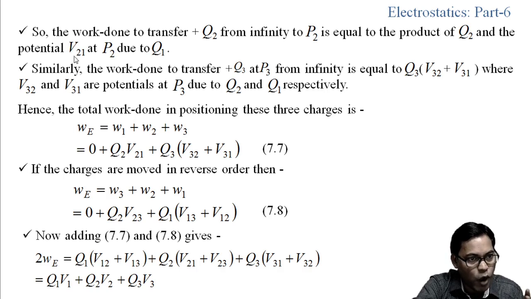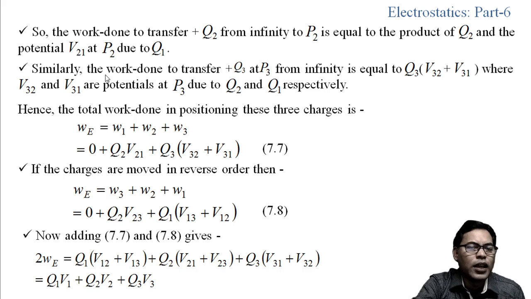Here V21 is the potential at the point P2 due to the electric field produced by the charge present at P1. If you multiply the potential and Q2, we will get the work done.